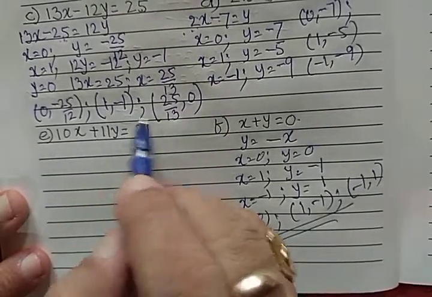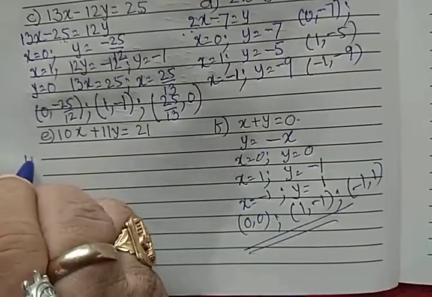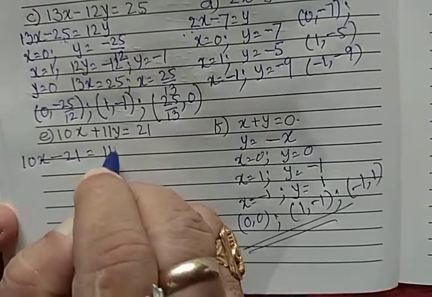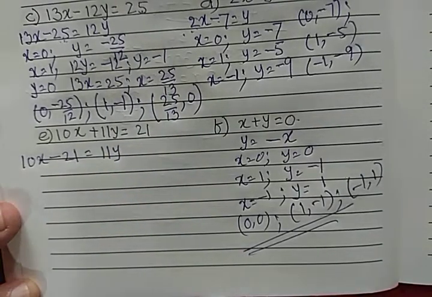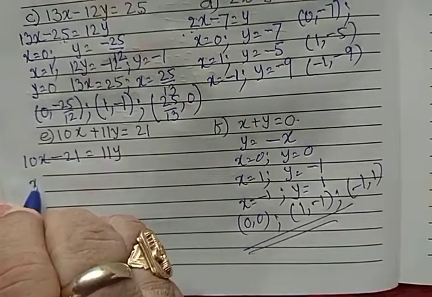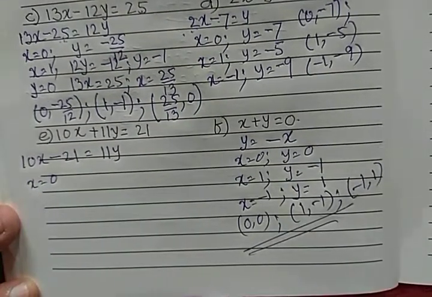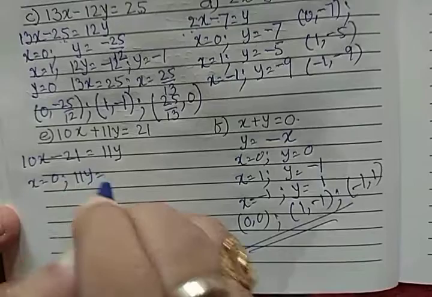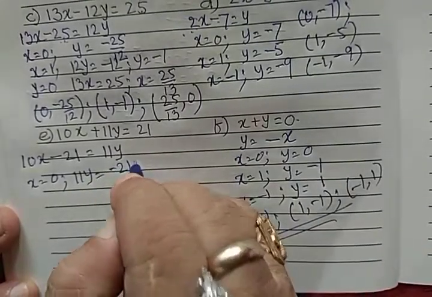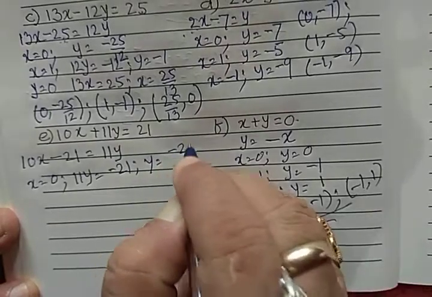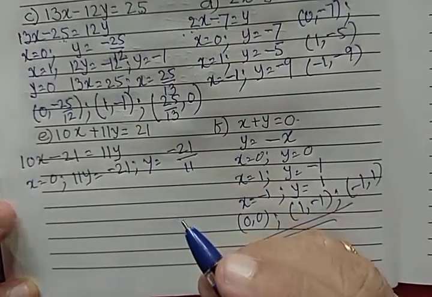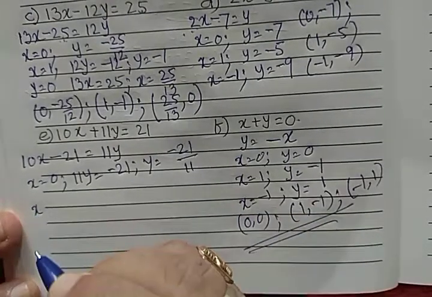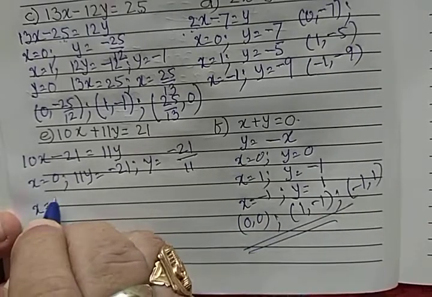And here we have one more sum. Let us take 11y to that side and bring 21 to this side. 10x minus 21 is equal to 11y. First of all, let us take x is equal to 0. Then 11y is equal to minus 21, or y is equal to minus 21 by 11. Clear? Now let us take x is equal to 1.